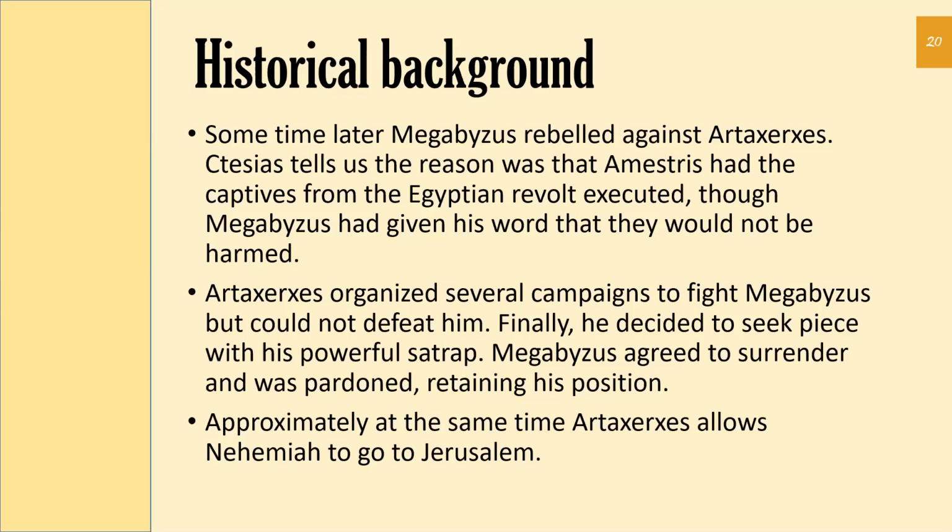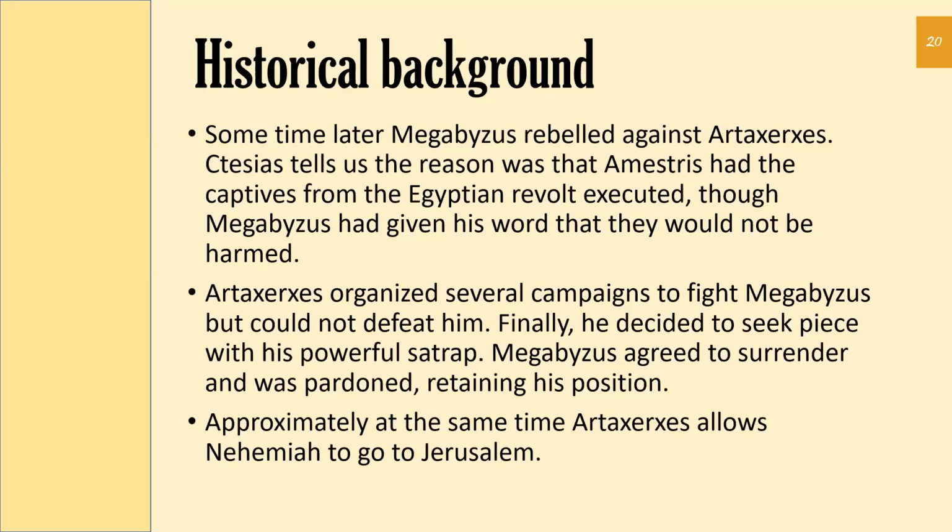And Megabyzus, when he conquered those people in Egypt, especially some of them who were from Greece, he promised them to spare their lives, not to kill them. But the mother of Artaxerxes, Amestris, insisted that all the captives should be executed. And Artaxerxes did what his mother told, and he executed all those captives, Egyptians who rebelled against him.